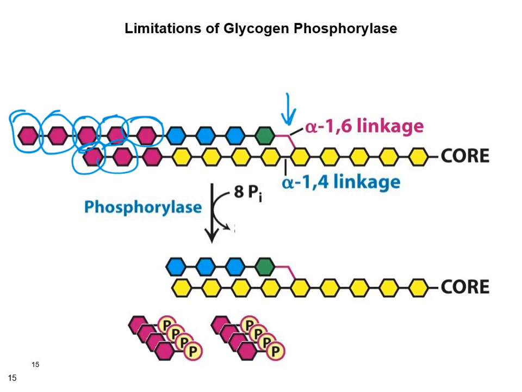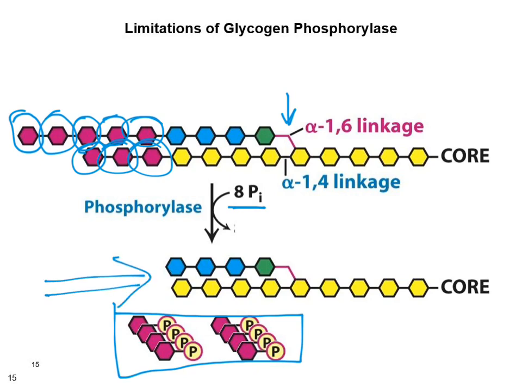And the ones here in this red-purple color are all broken off. We break off 8 of them here. It says 8 reactions occurred, so for each reaction you need 1 phosphate, so you need 8 phosphates. And therefore what you make is 8 glucose 1-phosphates. And you're left with this structure up here.